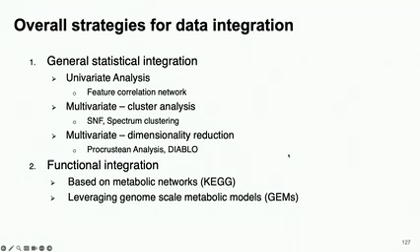There's something more universal, disregarding what type of data. Statistically, you can always correlate them. So correlation analysis, a correlation network. You can do a univariate, a feature correlation network. This is very common, and the only thing you need to be cautious about is that it's high dimensional. If you're doing this, you could get a lot of false positives.